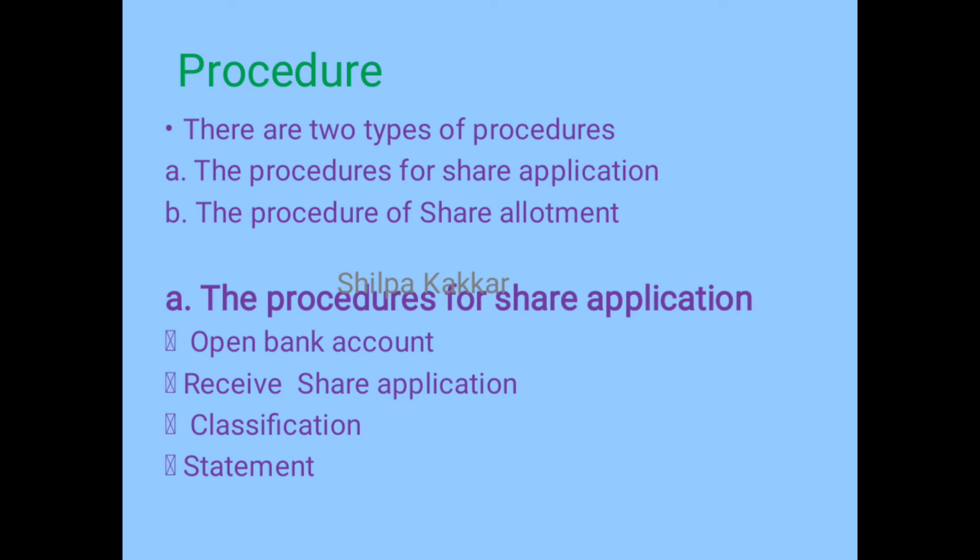After obtaining sanction of the prospectus from SEBI, the procedure of public issue can be done. This procedure is divided into two parts: the procedure for share application and the procedure of share allotment.